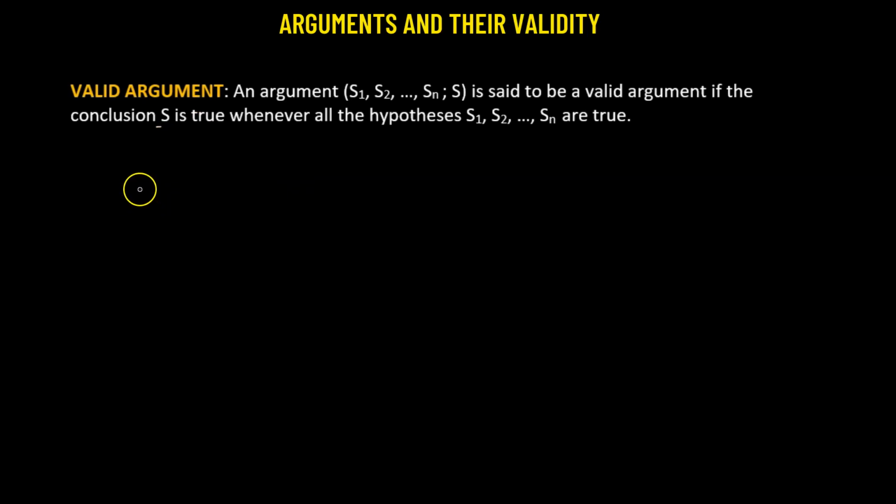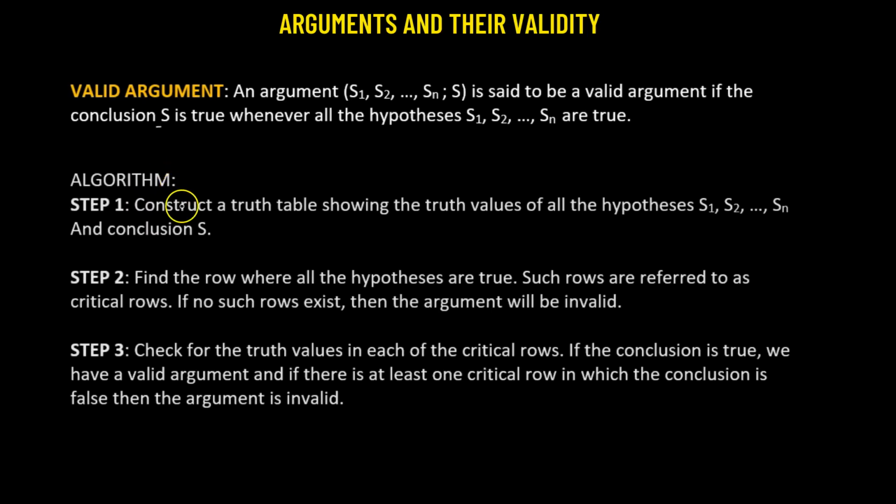So we'll state an algorithm to check whether a given argument is valid or not. In step number 1, we begin by constructing a truth table in which we show the truth values of all the hypotheses including the conclusion. There will be particular rows where all the hypotheses, that is all the statements S1, S2 up to Sn, are true.